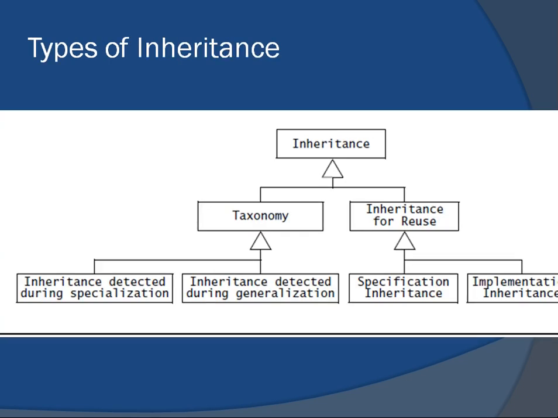Let us have a look at the types of inheritance we have. Inheritance is classified into two broad categories, that is taxonomy and inheritance for reuse. Taxonomy is further divided into two types, that is inheritance detected during specialization and inheritance detected during generalization.